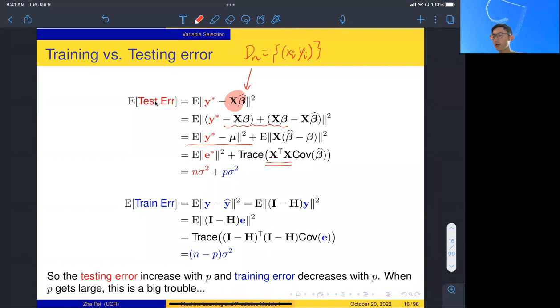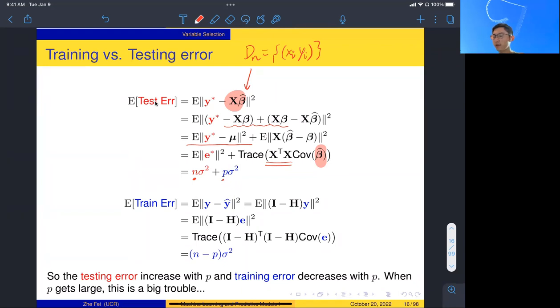Because beta hat is a vector, this covariance means a covariance matrix, and this trace would be P times sigma square. So for testing error, we see that it increases with both N and P. As your sample size increases and as your number of parameters increases, your testing error would increase.